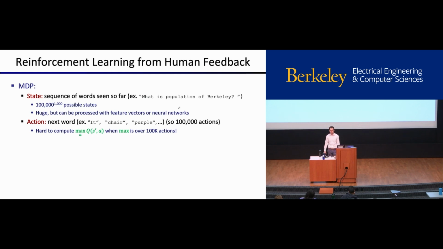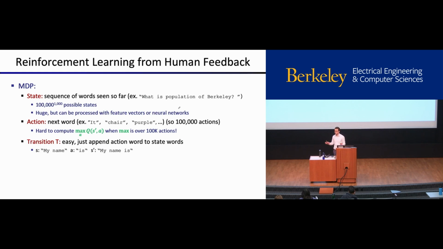Well, if the number of actions is 100,000, this is going to be really big. And if the size of the state space is 100,000 to the 1,000, we can't write down this value function. We just can't. So it's hard to compute the max over actions when there are 100,000 actions, most of which you probably haven't tried before, and you've never been to certain states before. You haven't seen these sentences before. So this is going to be challenging.